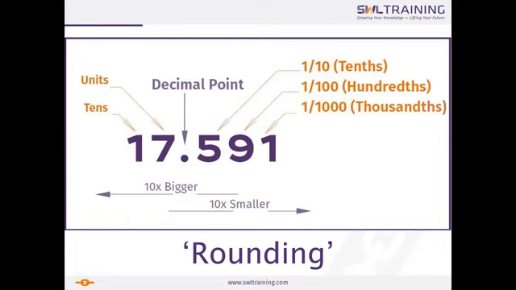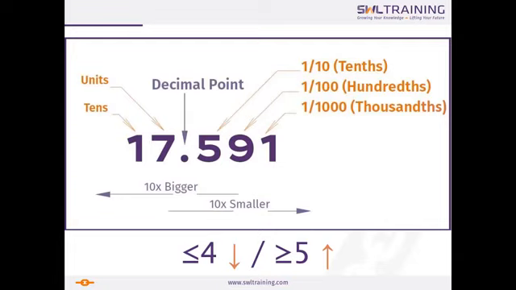The standard way of doing this is when you have any figure which is to the right of the decimal point and it's equal to or less than 4, you would round down. And any figure which is equal to or greater than 5, you would round up.